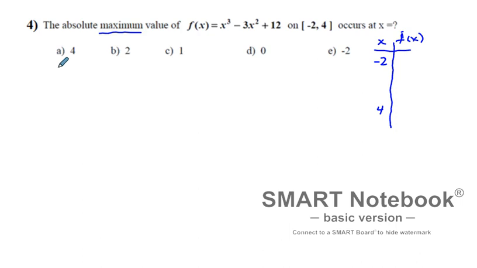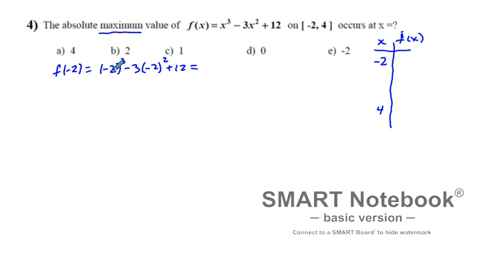Anyway, we'll say f of negative 2. Just to work these out before we find our critical numbers. It's going to be negative 2 cubed minus 3 times negative 2 squared plus 12.